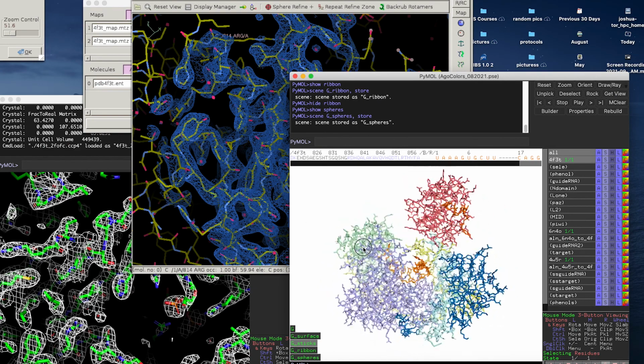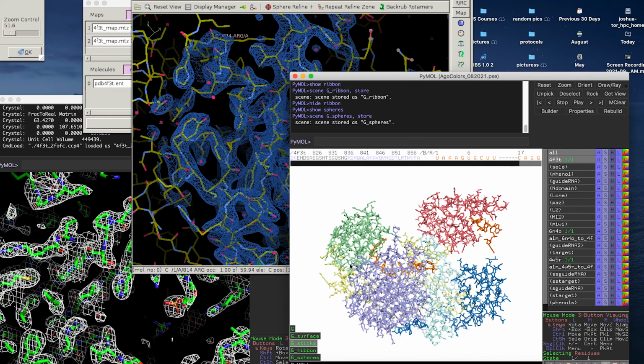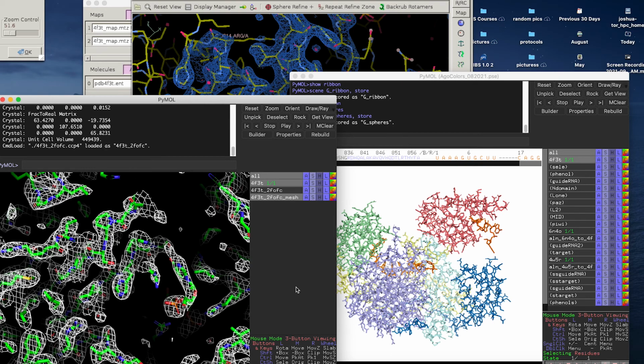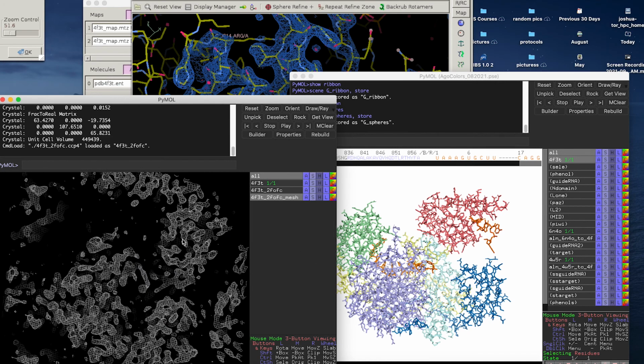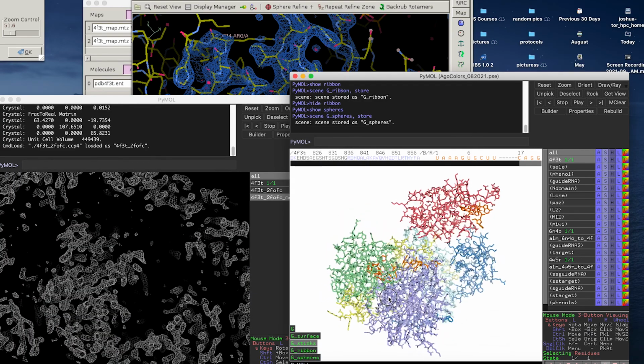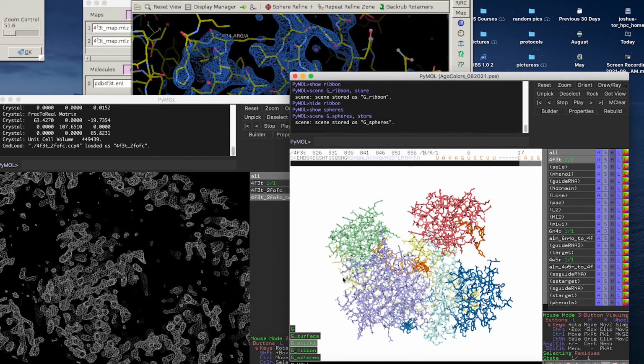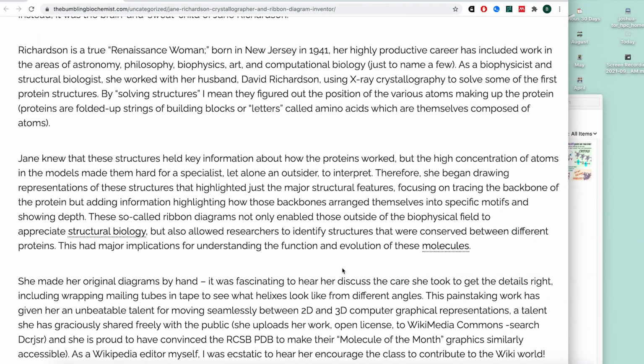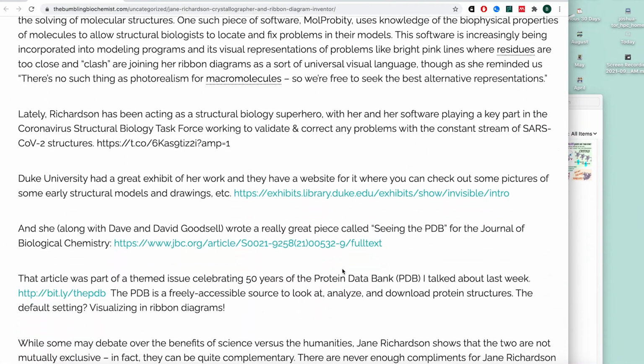How do you actually interpret what's going on in here? And even the sticks are better than just having the map, this giant meshy thing. So scientists needed a way to represent the structure that was more easily interpretable, and it'd help if it was pretty, right?